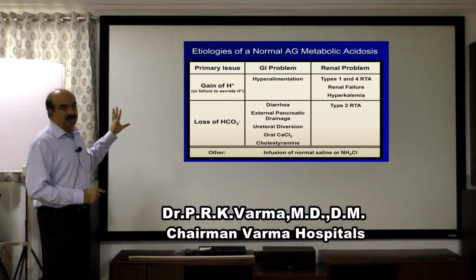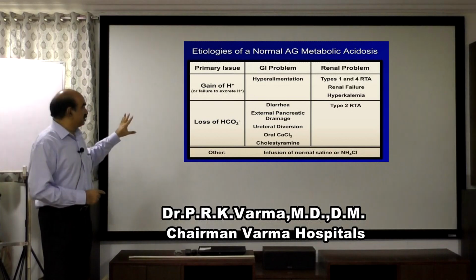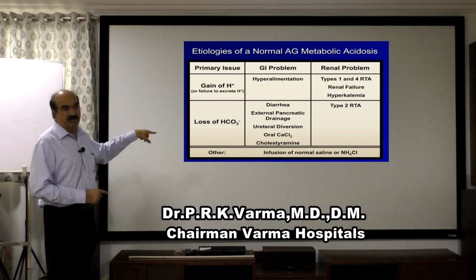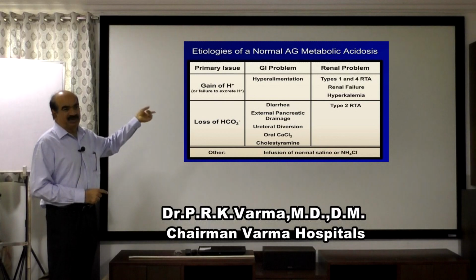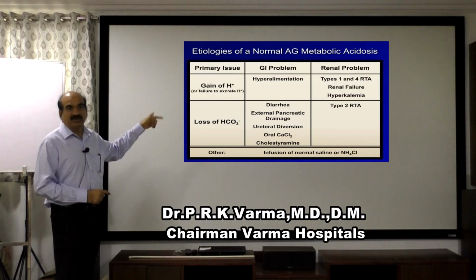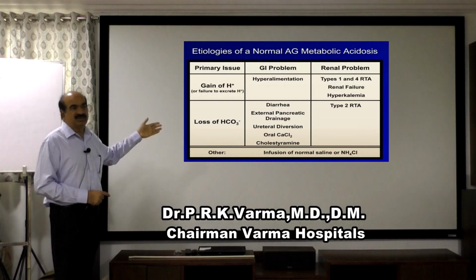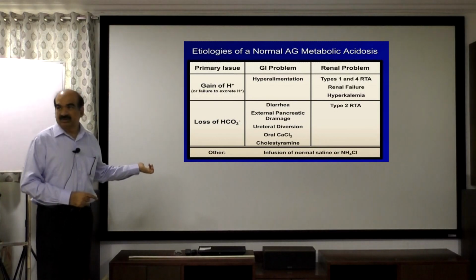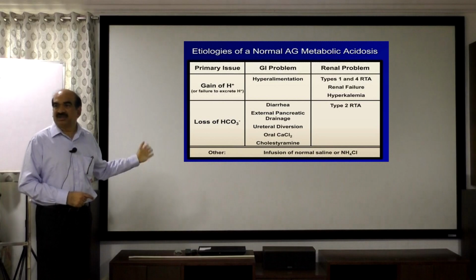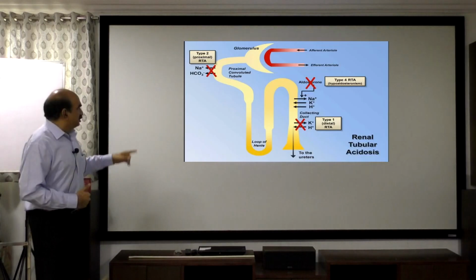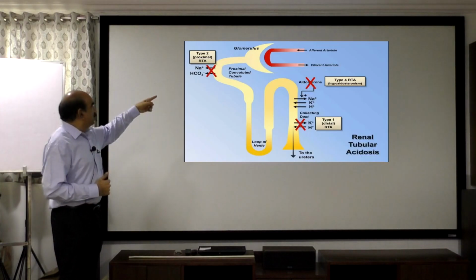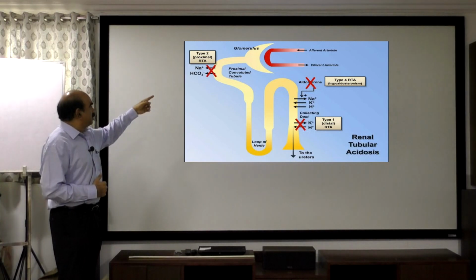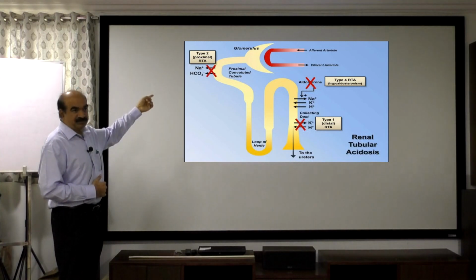So, if it is normal anion gap metabolic acidosis, important mechanisms are loss of bicarb and accumulation of hydrogen ions, either in the tubules or through loss of bicarb, GI loss or renal loss. GI loss is diarrhea, renal loss is renal tubular acidosis. In proximal renal tubular acidosis, there will be bicarb loss.